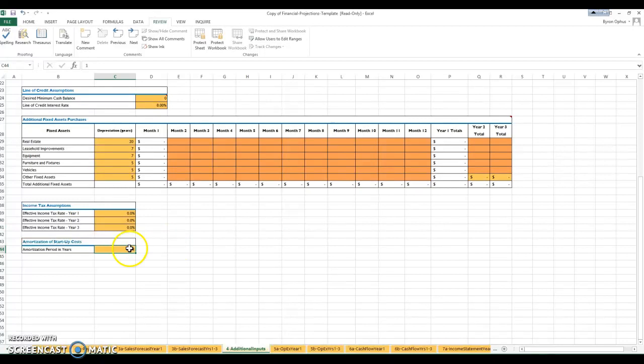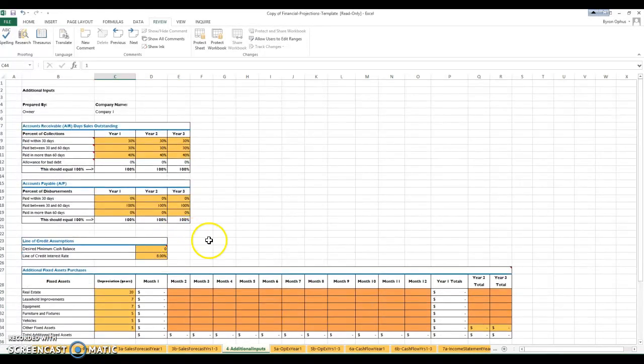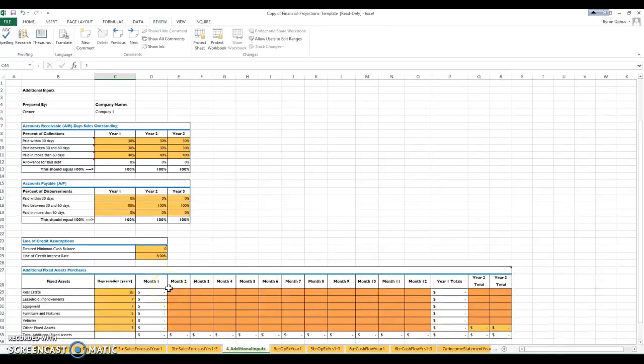For the life of me, with the small business, especially the type that we're looking at, I don't see where we would actually amortize those out over a period greater than the first year. There could be some businesses and some circumstances where that would be the case. I don't know of any of your businesses that would, so please just change that to 1.